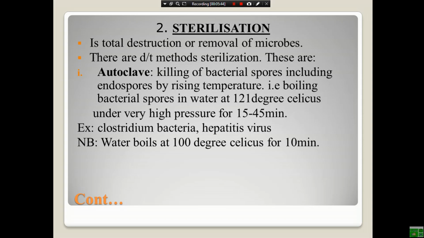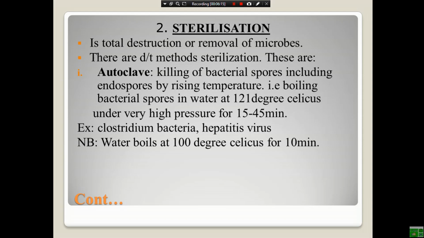Autoclave sterilization can kill bacterial spores, including endospores, by raising the temperature. That means we can boil bacterial spores in water at 121 degrees Celsius at very high pressure for 15 up to 45 minutes, on average 30 minutes, with a high temperature and a high pressure.